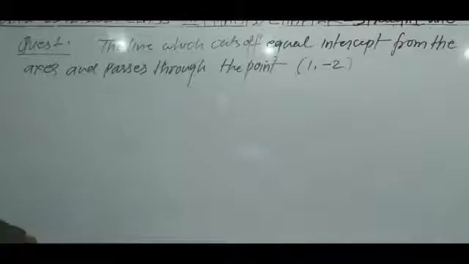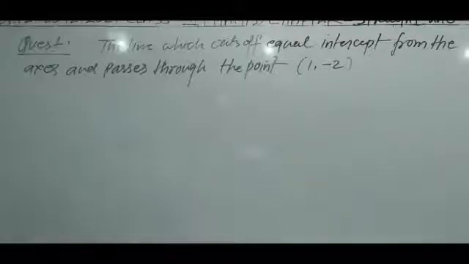This is the question. In this question we have to find the equation of the line which cuts off equal intercepts from the axes and passes through the point (1, minus 2). We have to find the line.